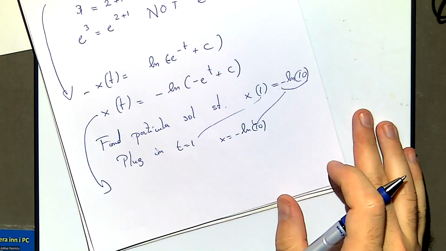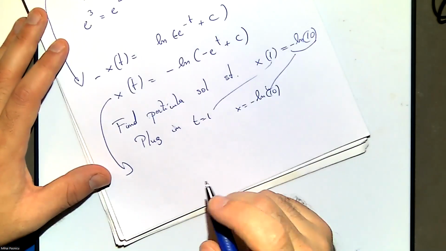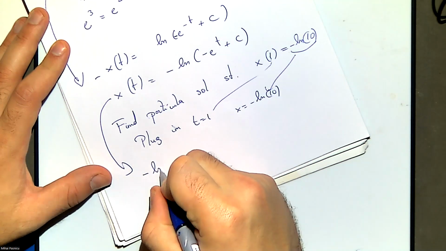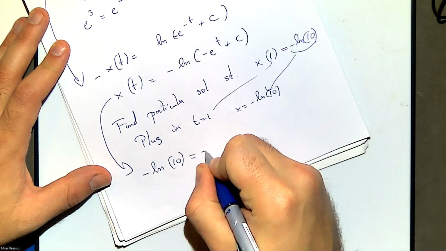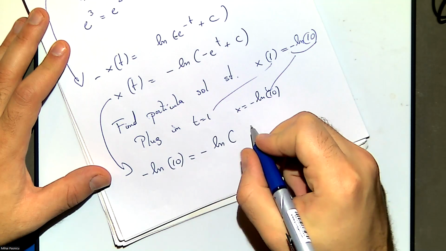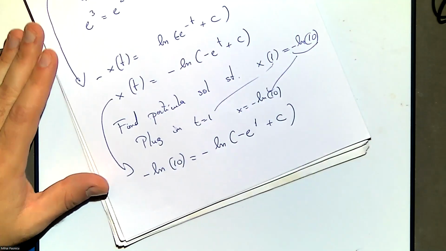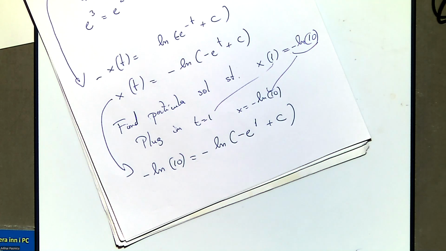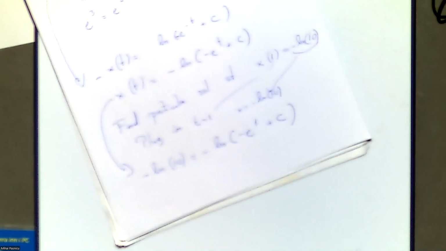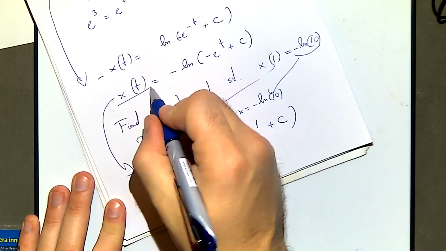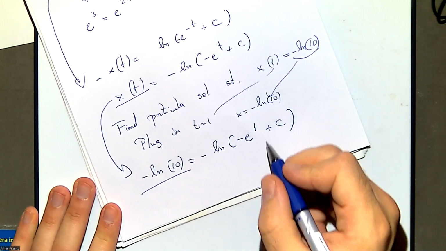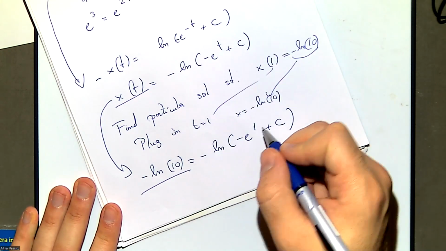So my equation is basically just minus ln of 10 is equal to minus ln of minus e to the power of 1 plus a constant. All right, I replaced my x with minus ln of 10, and I replaced my t with 1.